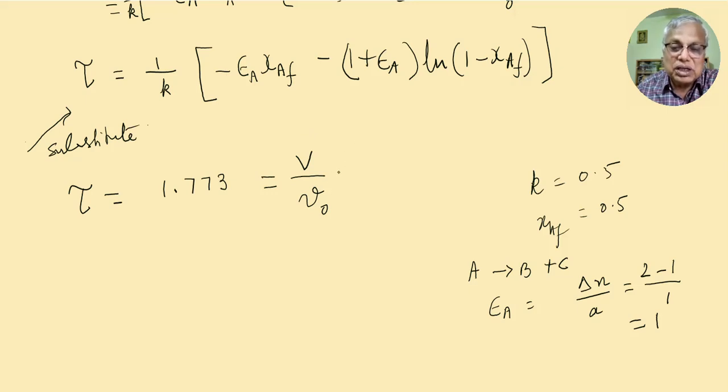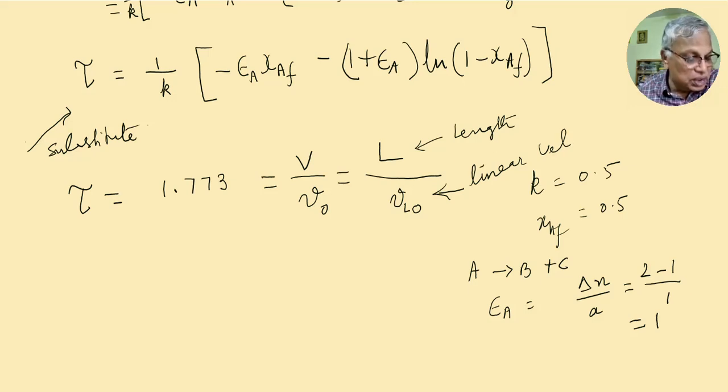But what is required here is the length of the reactor. So this V by V naught can also be considered as length of the reactor, L, by linear velocity. What is given is linear velocity, so let me call the linear velocity VL.